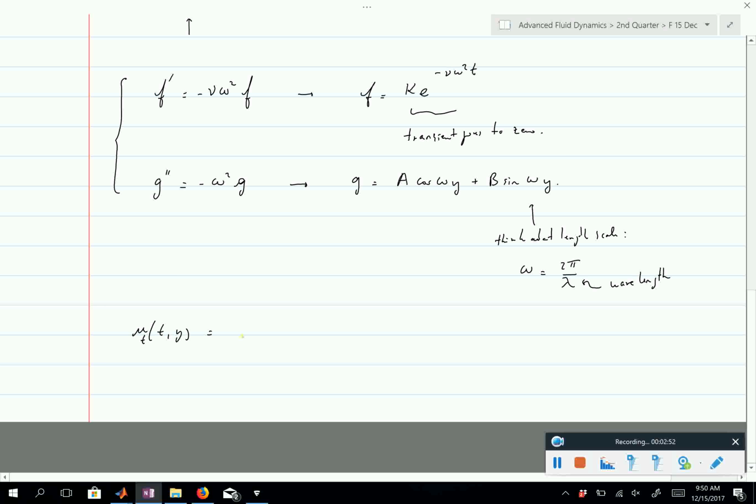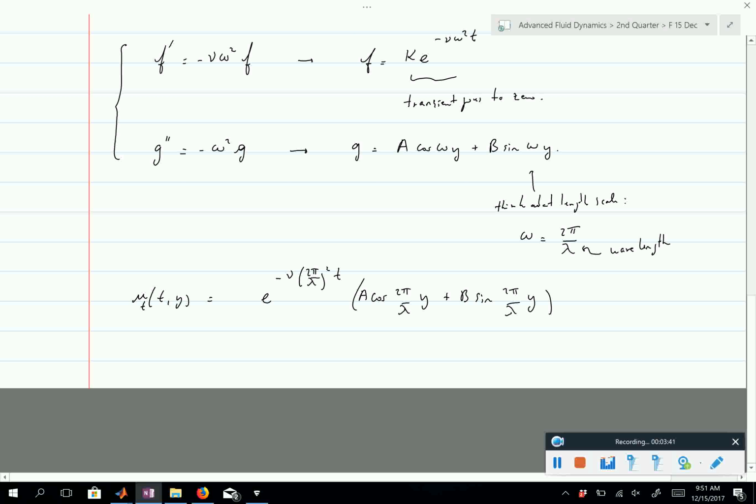It will look like a constant times an exponential of minus mu times 2 pi divided by lambda, squared, times t, times a cosine of 2 pi divided by lambda y, plus b sine of 2 pi divided by lambda y.